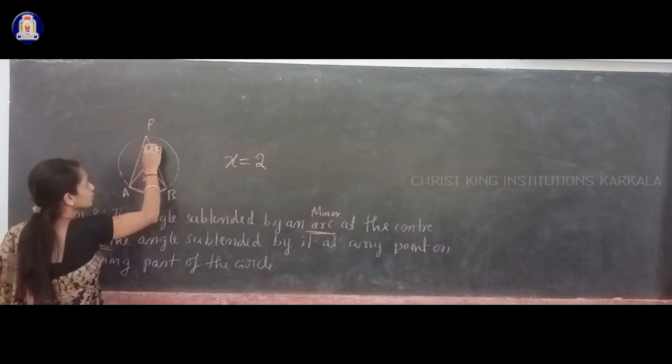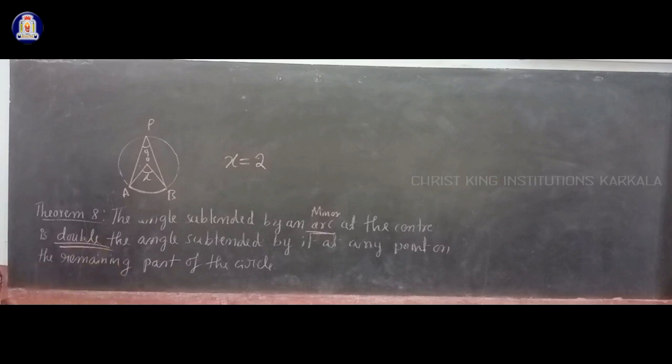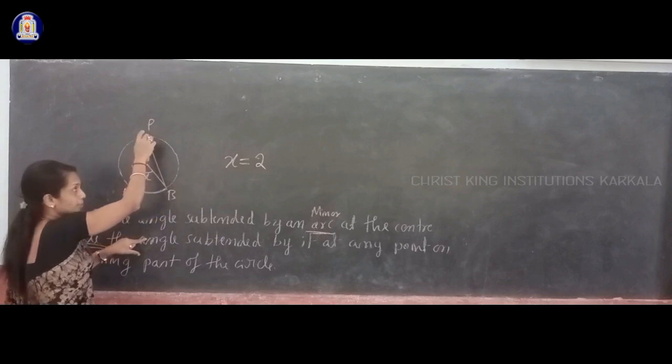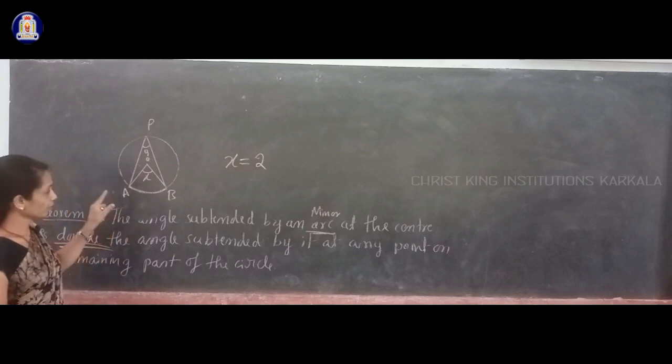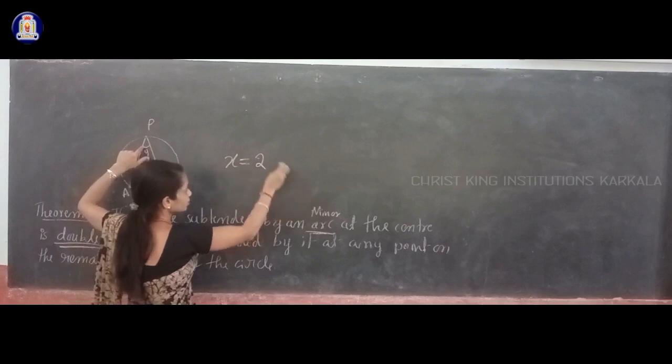Then one angle is formed, angle Y, and that angle Y is the angle subtended by the minor arc AB at any point P on the remaining part of the circle. So, according to this theorem, what can we write? X equal to 2 times this.